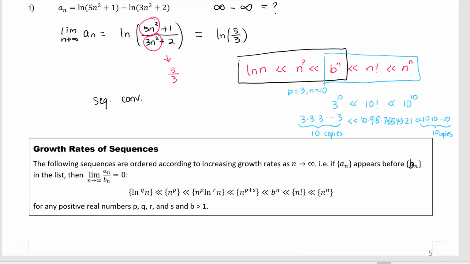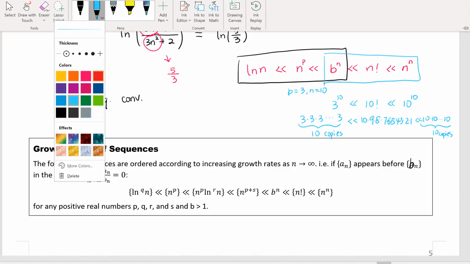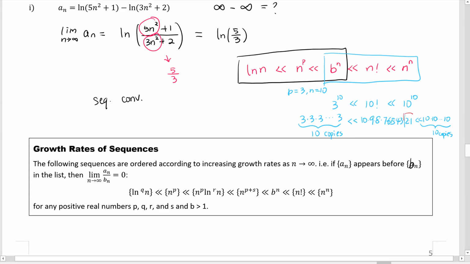Of course, 10 copies of 10 is bigger than 10 factorial. And compared with 10 copies of 3, only the 2 and 3 in the factorial are not bigger than 3, all the other factors are bigger. So 10 factorial is bigger than 3 to the 10th.